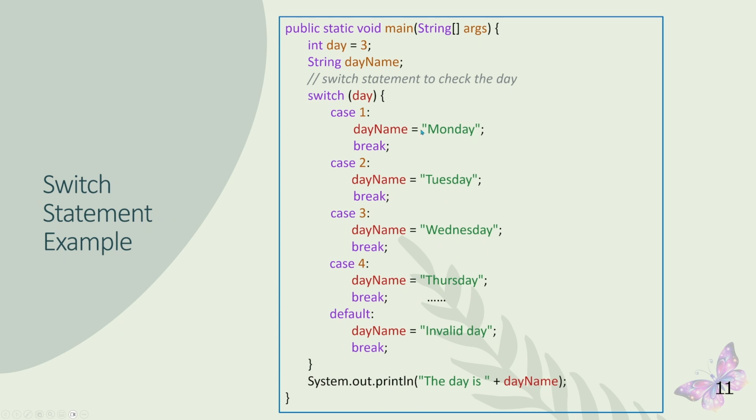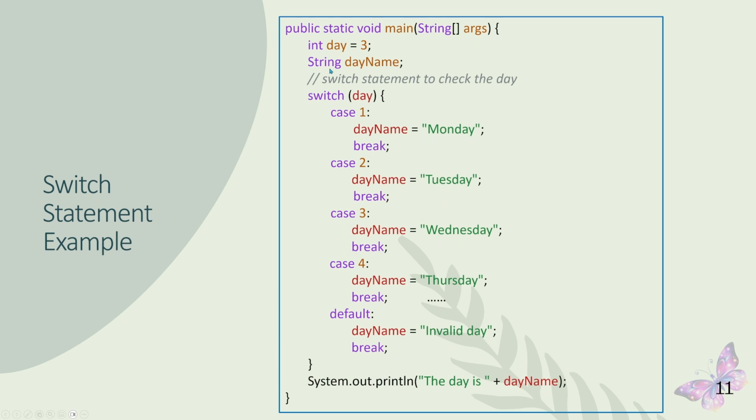The important thing here is, whenever this is a string of letters, that means Monday is the name of a day, so you need to make it a string variable, day name. A number would be an integer variable, but this is a name, a string.